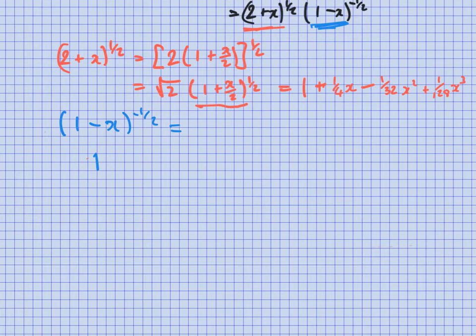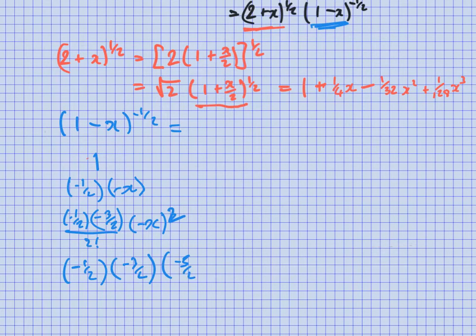The terms will be 1 for the first one, then minus a half times minus x, then minus a half times minus 3 over 2, n times (n minus 1), all over 2 factorial, times minus x squared, and then we'll have minus a half times minus 3 over 2, n times (n minus 1), times minus 5 over 2, which is (n minus 2), all over 3 factorial, times minus x cubed, which gives me 1 plus a quarter x. No, that's a half x.